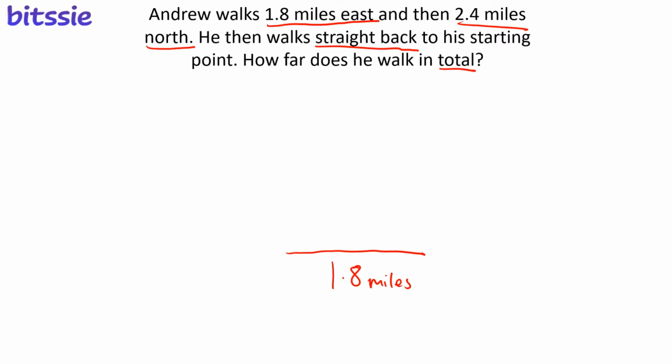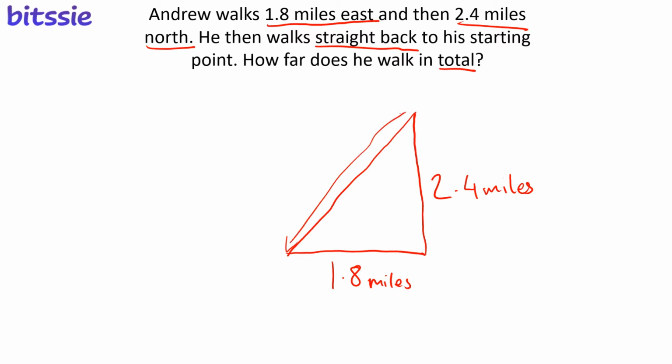Then 2.4 miles north, 2.4 miles. And then he walks directly back to his starting point. And we need to work out this length in order to work out the total length.